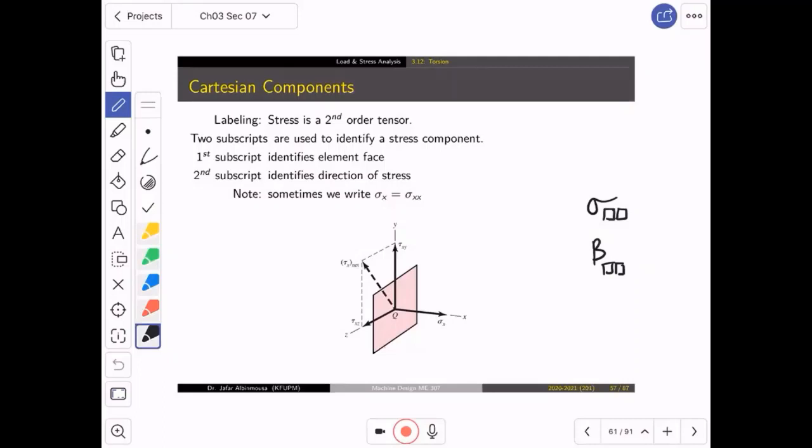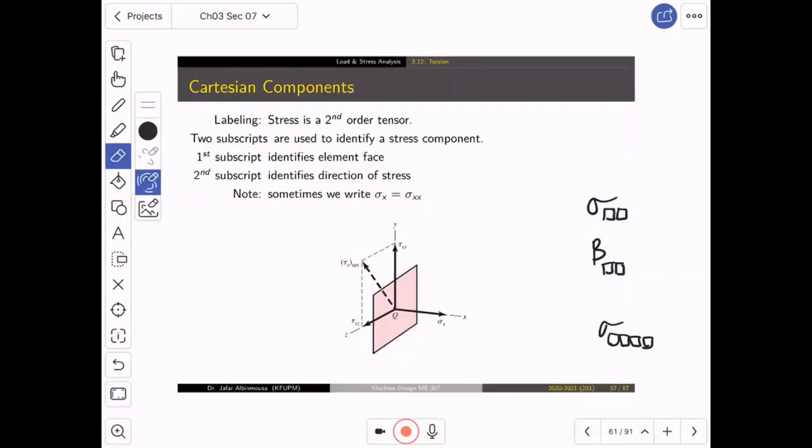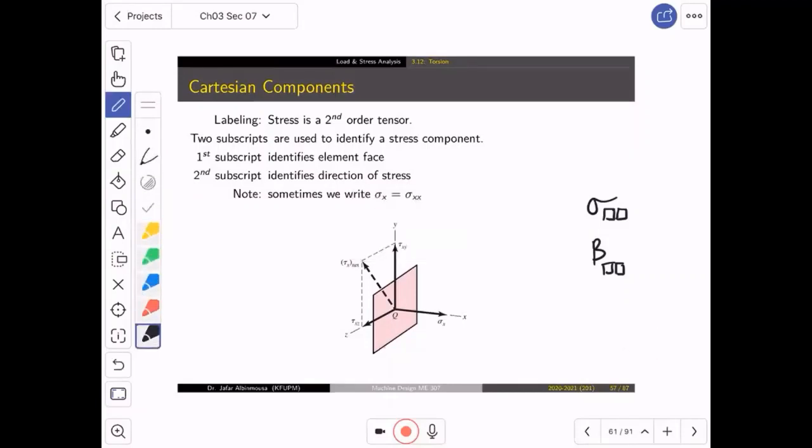There are fourth order tensors, and for that you need to put 4 indices. But this is too much. What is the idea here is that the first index represents the face. The second index represents the direction.